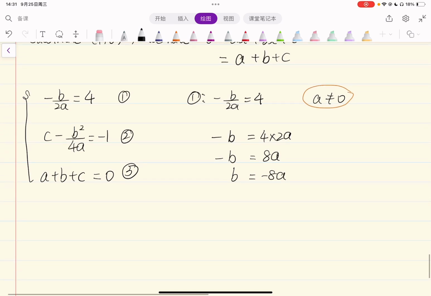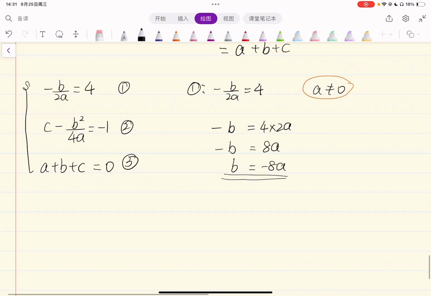And then we can substitute b equals minus 8a into equation 2.